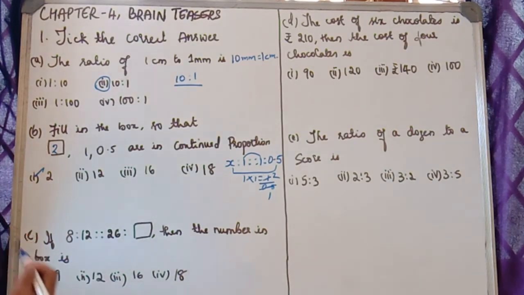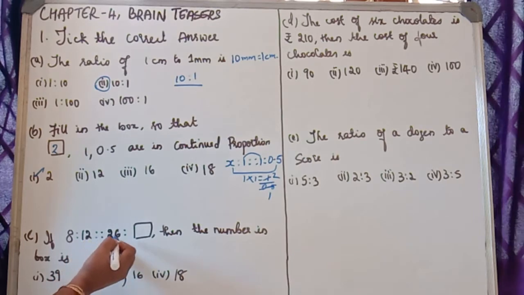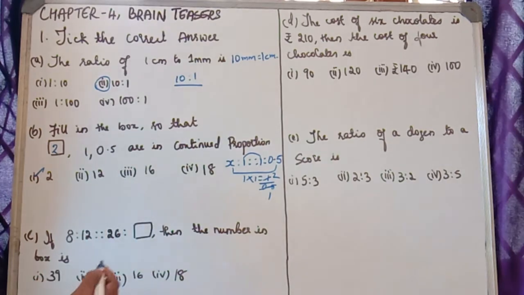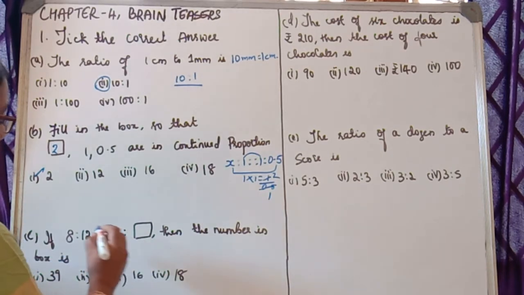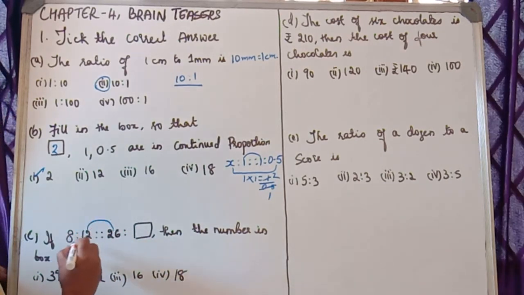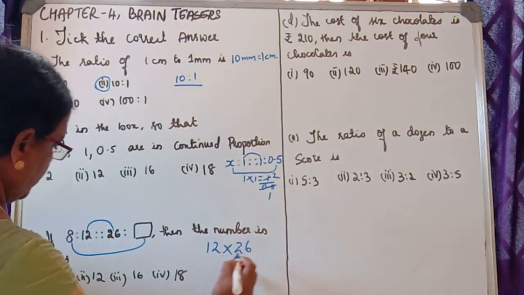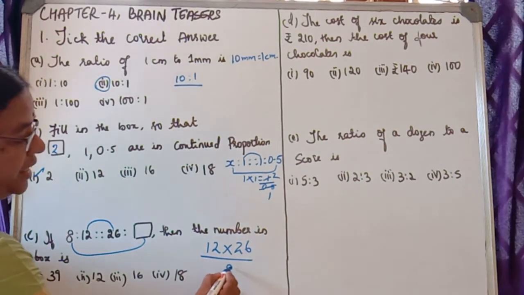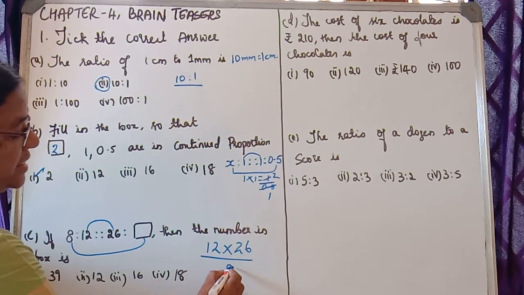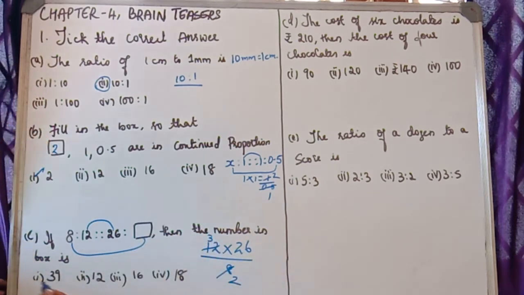Now, we will move to the third sum. If 8 is to 12 as 26 is to box, that is x, then the number in the box is, what do we have to do? Product of means should be equal to product of extremes. So, 12 into 26 divided by 8. Now, we will take 8. We will cancel it with the help of 4. 2 fours are 8. 3 fours are 12.